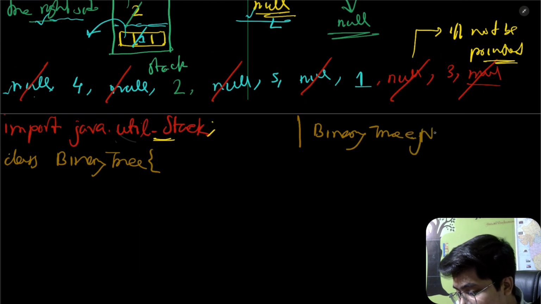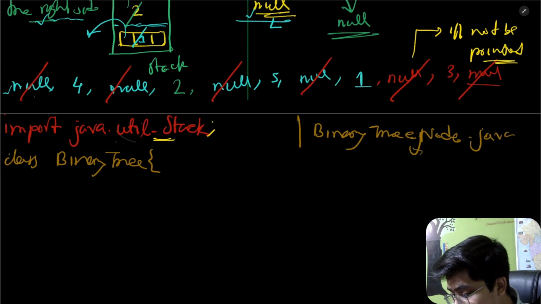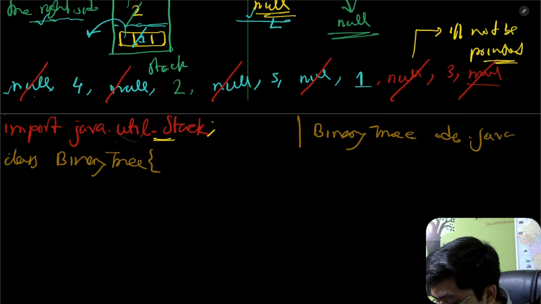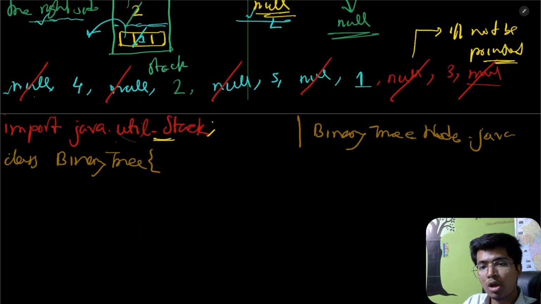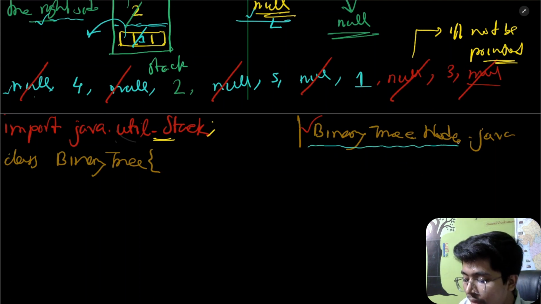We need a file named BinaryTreeNode.java already declared, else our program will not work. How we create the binary tree node, I already have told you, so I will not discuss it here. So we will be utilizing this BinaryTreeNode. So class BinaryTree.